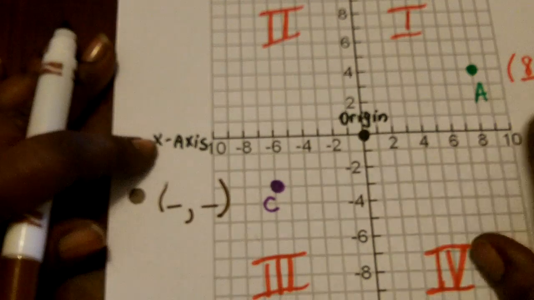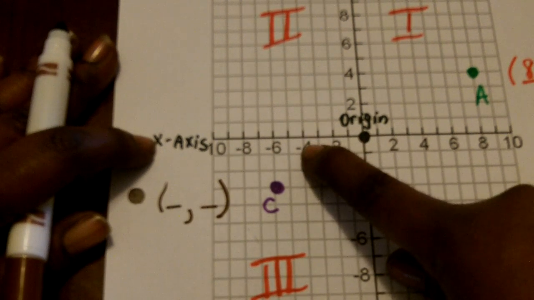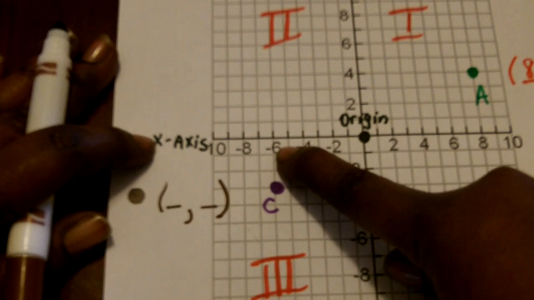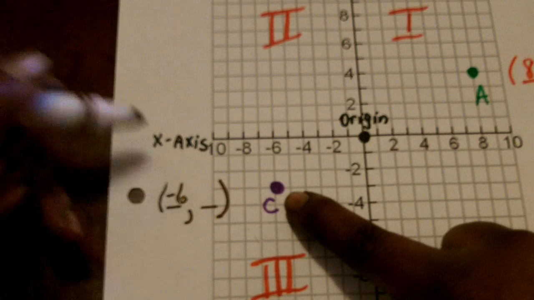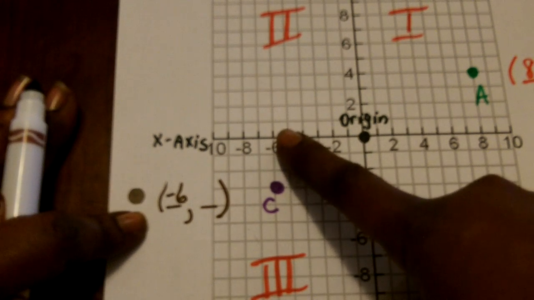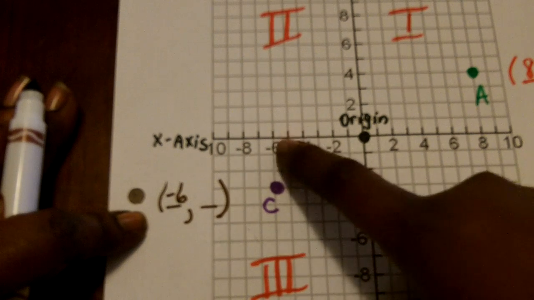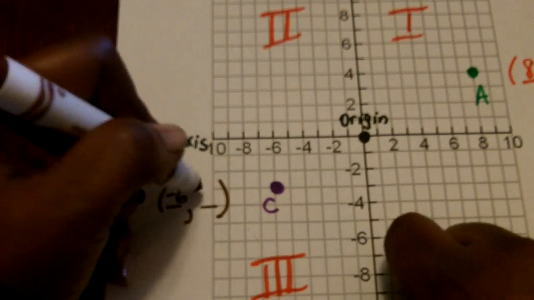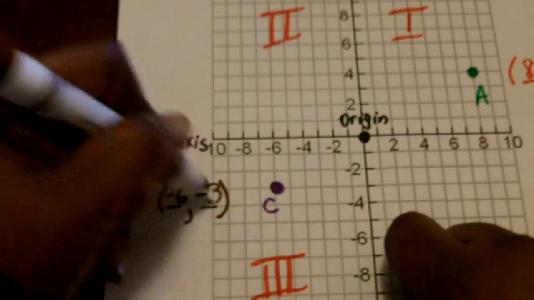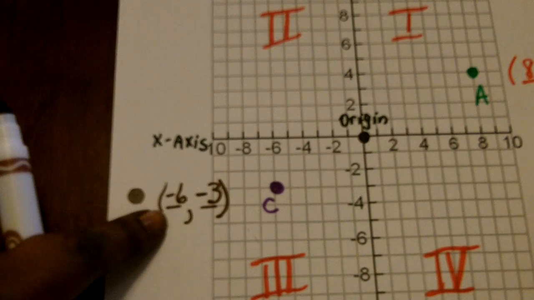So we had to move backwards 1, 2, 3, 4, 5, 6 times. So that would make your x-coordinate a -6. And not only did you have to move backwards, you also had to move down. We moved down 1, 2, 3 times, making the y-coordinate a -3. Therefore, the ordered pair for C is -6, -3.